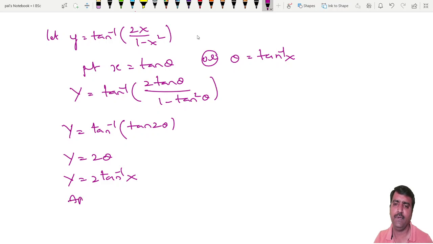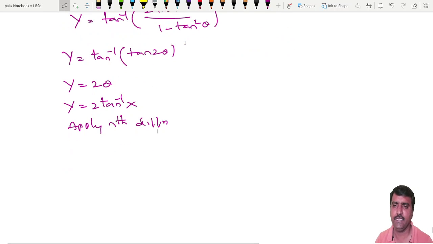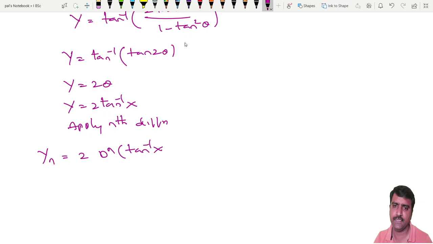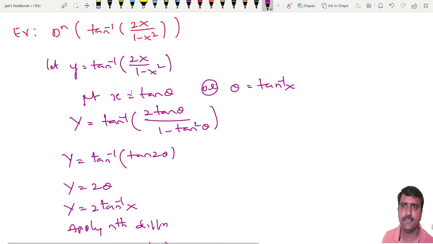Now apply nth differentiation. Then yn is equal to 2 into the nth differentiation of tan inverse of x. You know that the nth differentiation of tan inverse of x is given here.